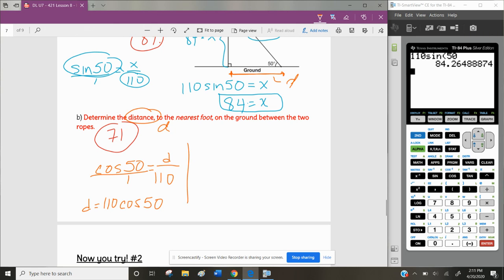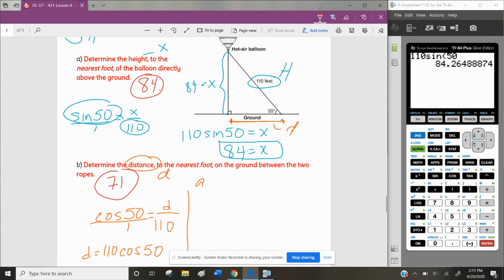Or I have two sides of this right triangle now, so I could use Pythagorean theorem. Okay, and I could do 84 squared plus D squared equals 110 squared. So D will equal the square root of 110 squared minus 84 squared. Remember, you have to follow order of operations there.